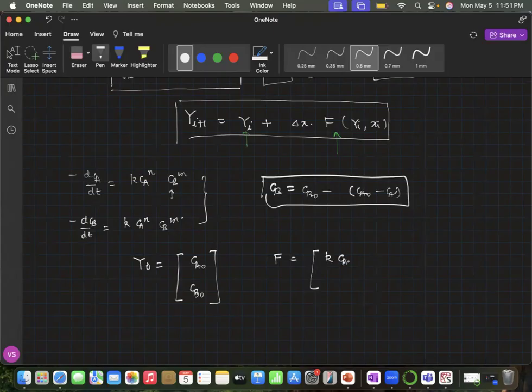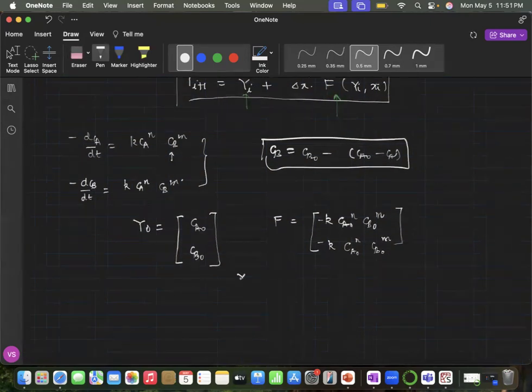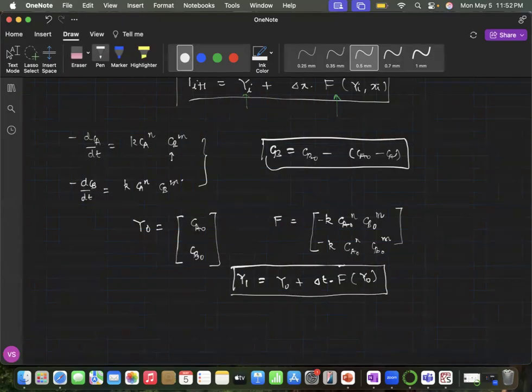So we'll just say k C_A0 to the power n, C_B0 to the power m. And this is going to be k C_A0 to the power n, C_B0 to the power m with a minus sign, right? And just y1 equals y0 plus delta t times f, right? And this has been evaluated at y0, right? That's it. That's the solution of this coupled set of ordinary differential equations, right?